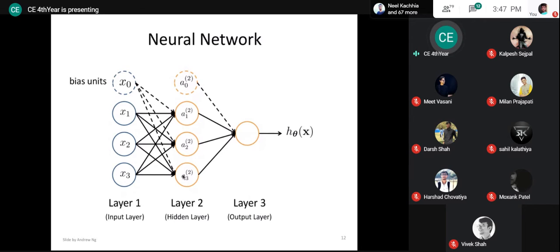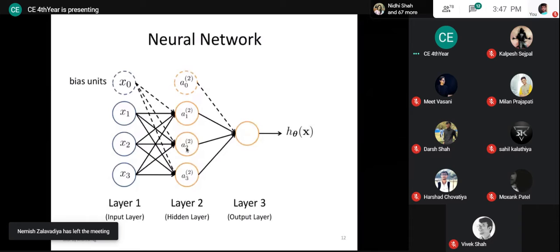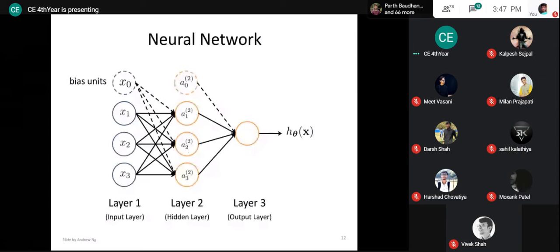So assume that your activation is the tanh function. So can you tell me what will be the formula of A2? You're assuming that the activation is tanh, right?